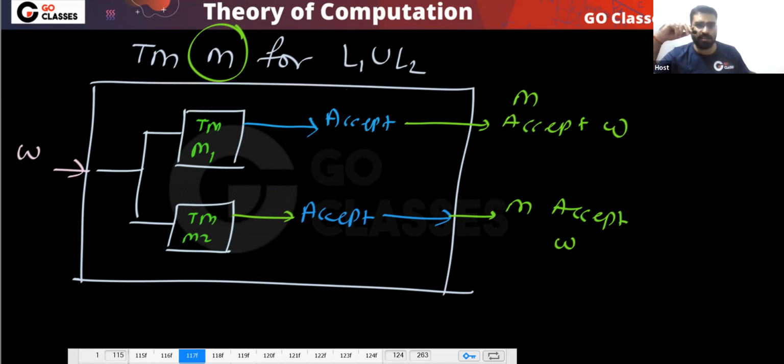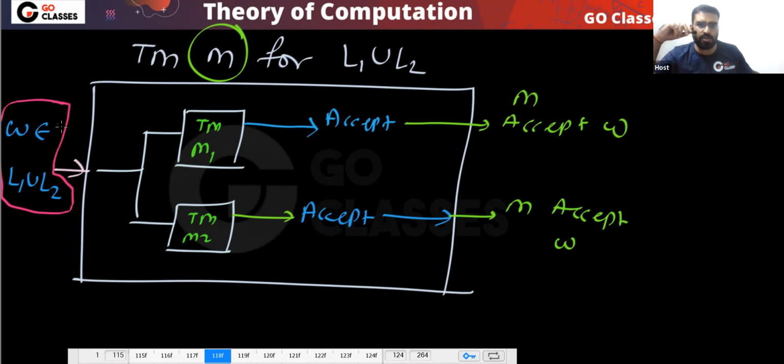So what can you guarantee? One thing you can guarantee, tell me. If W belongs to L1 union L2, then either this will happen or this will happen.